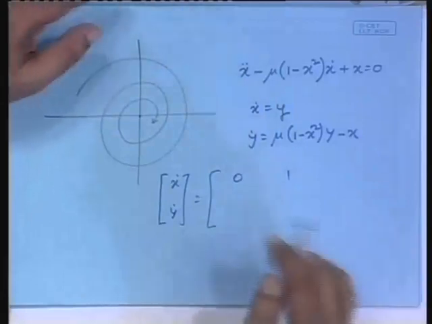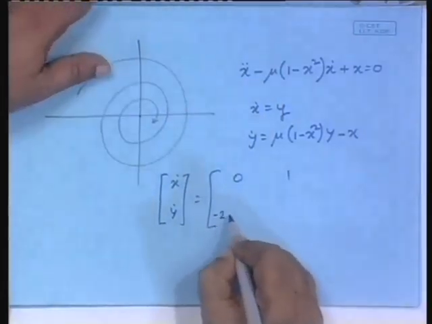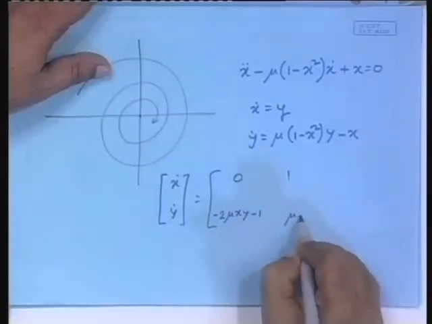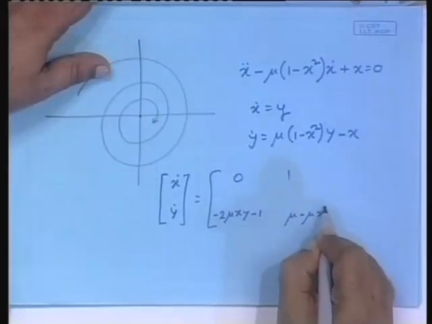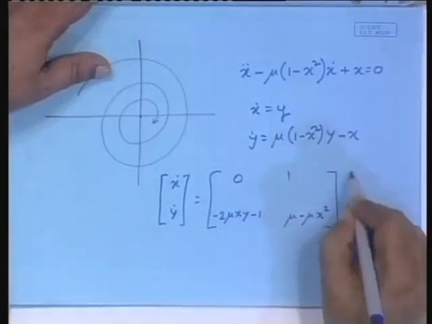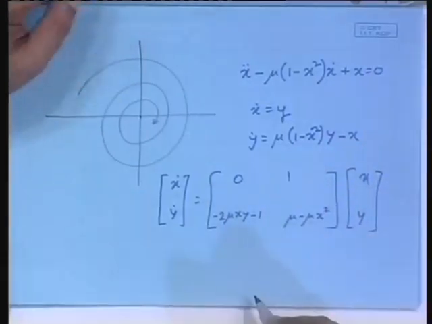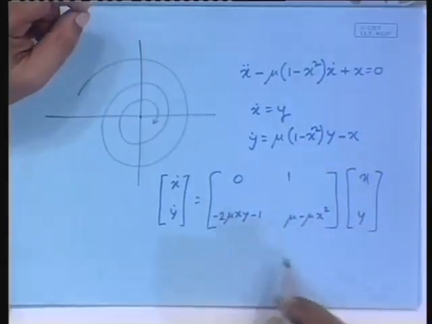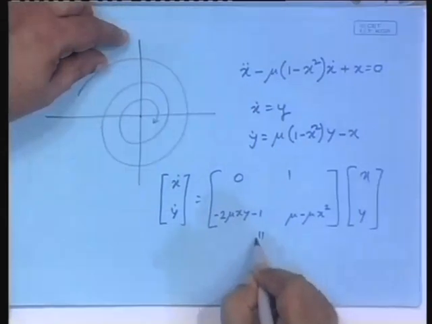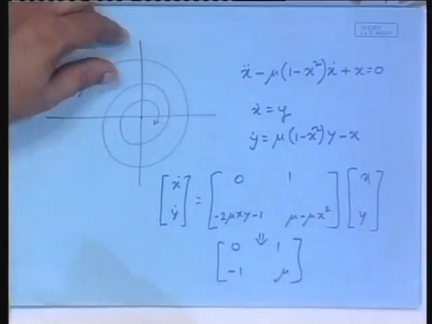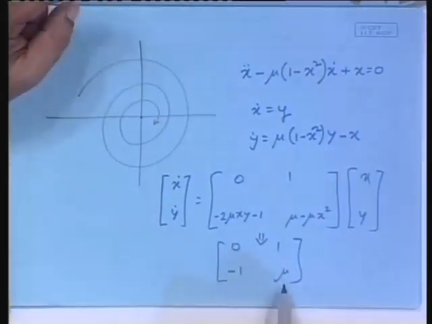Okay, so first write the full thing: minus 2 mu x y minus 1, and here it is mu minus mu x square, right. Okay. Now, if you put 0 0, this takes the form 0 1 minus 1 mu.